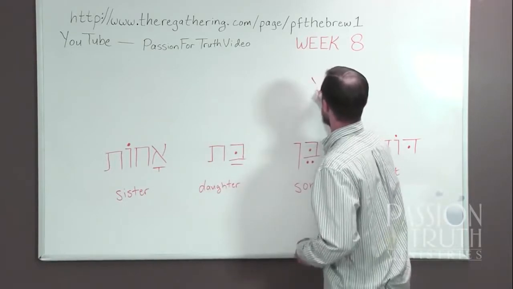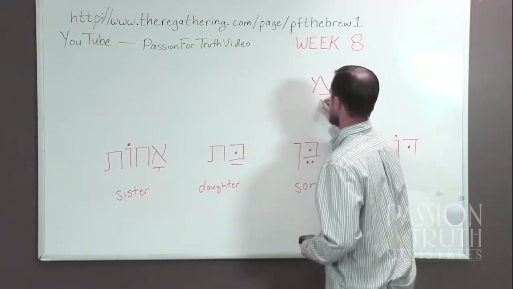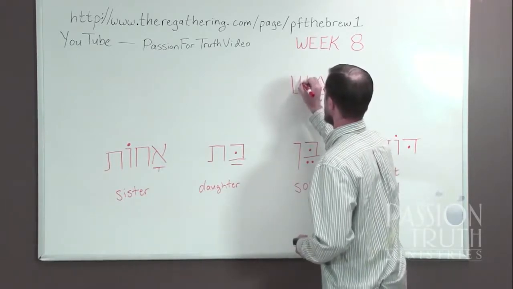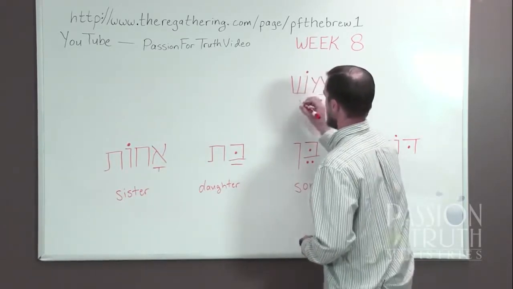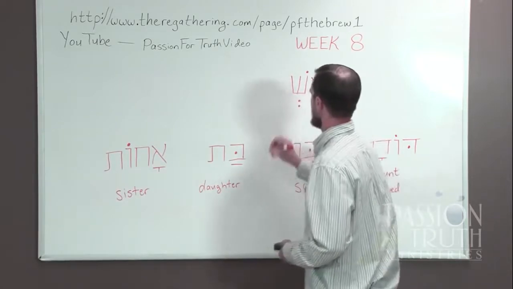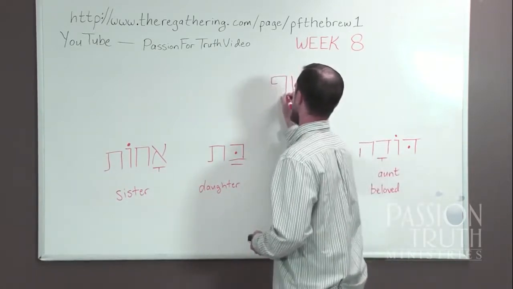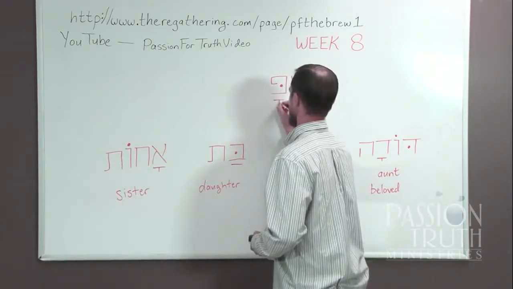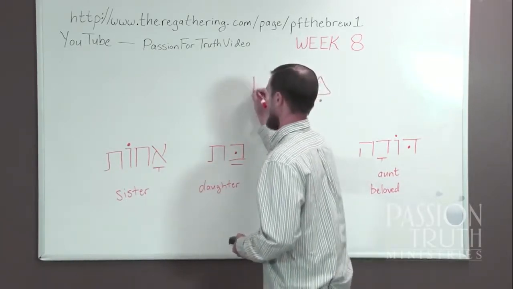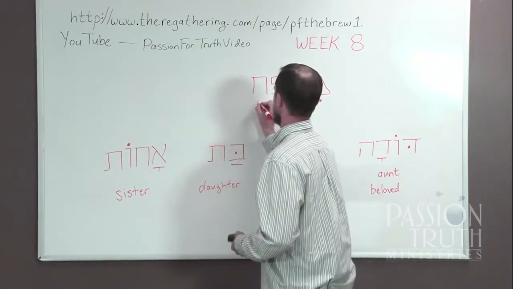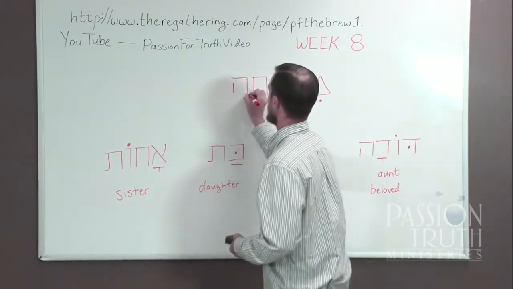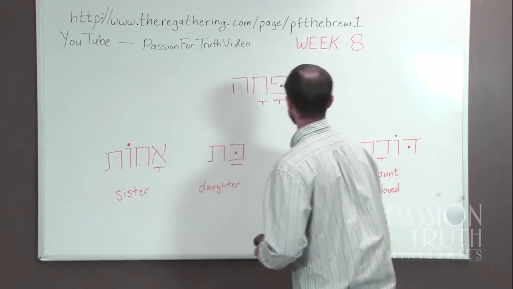Okay. So, mem, followed by a chirik, shin with a shva, pei with a dagesh and a kamets, chet, the kamets, and hey at the end.